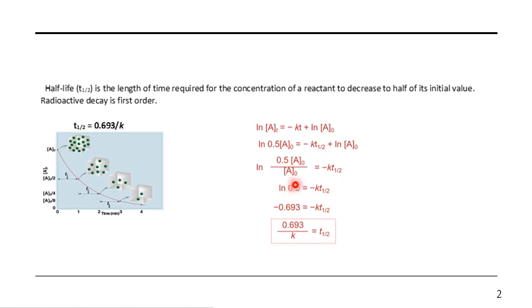If you put this in the calculator, we see that it is negative 0.693 equals negative k t half, and then we get t half equals 0.693 divided by k. So in this case, you can see that it is independent of the initial concentration.